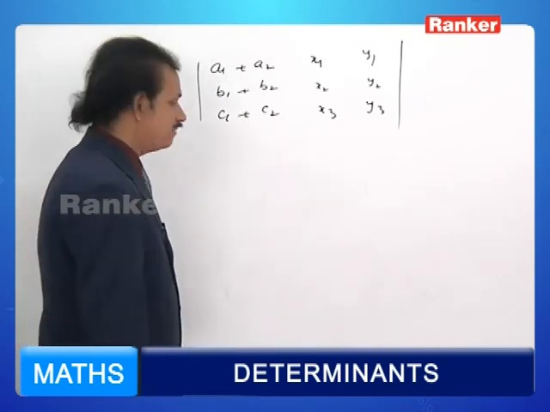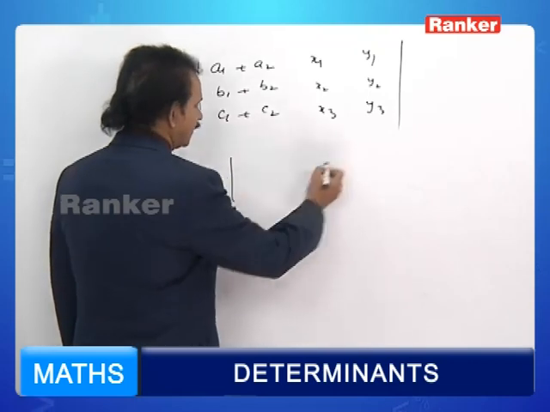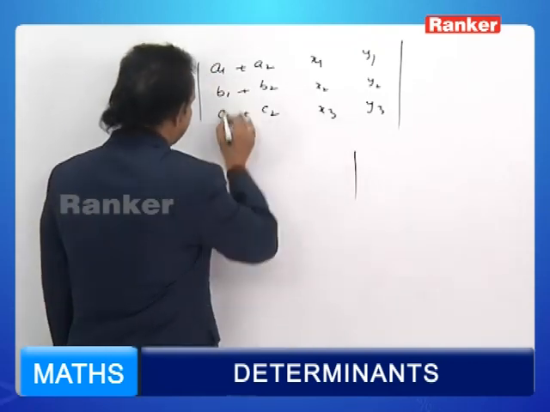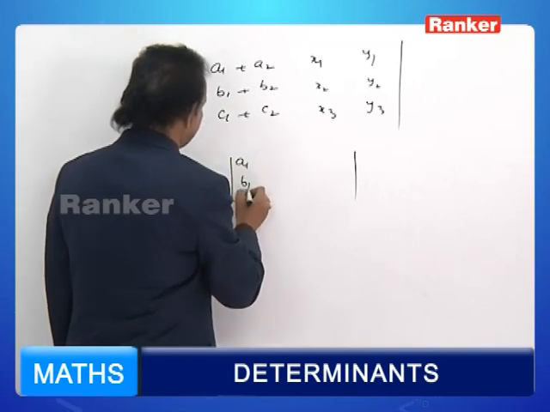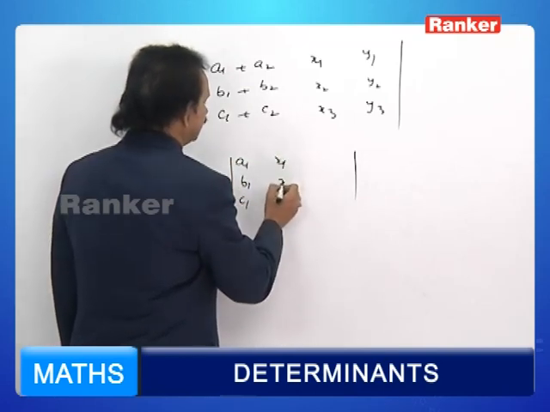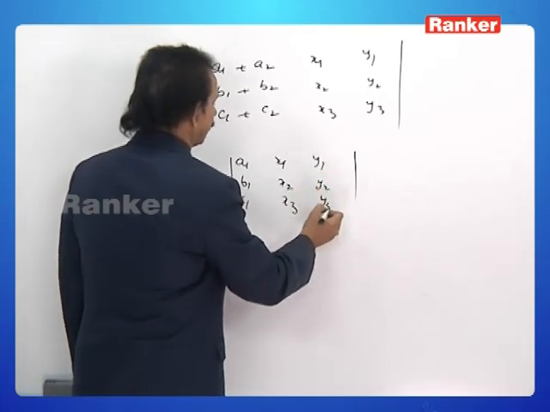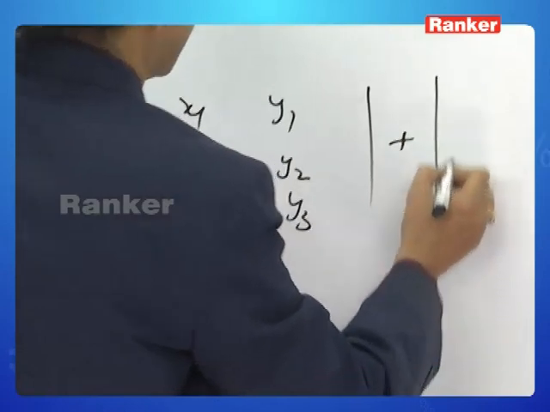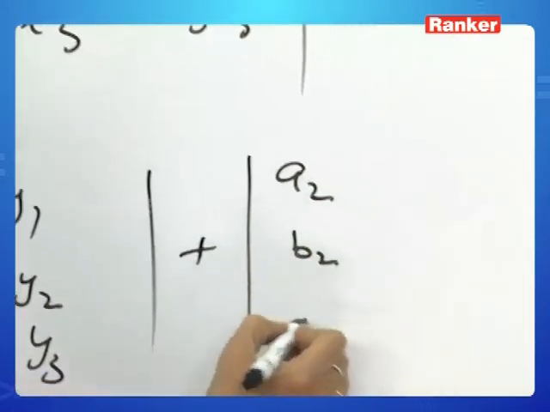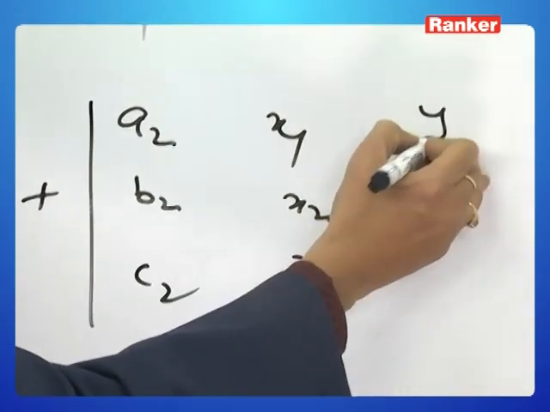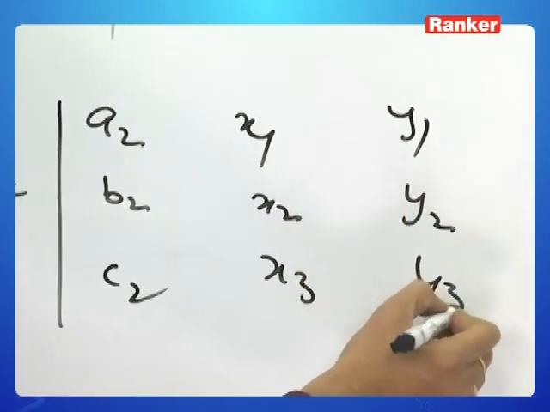Such a determinant can be split as the sum of two determinants: the first with A1, B1, C1, X1, X2, X3, Y1, Y2, Y3, and the second with A2, B2, C2, X1, X2, X3, Y1, Y2, Y3. Like this you can split.